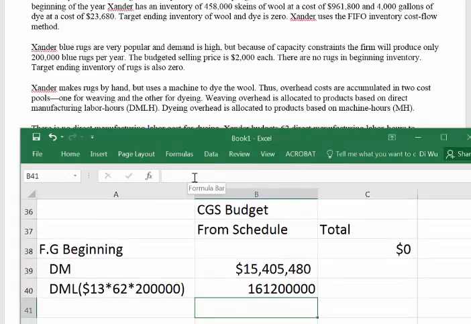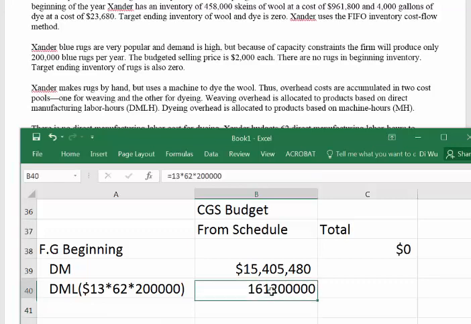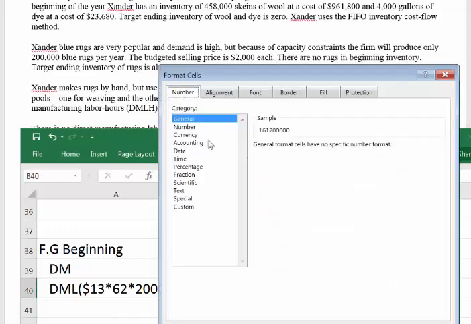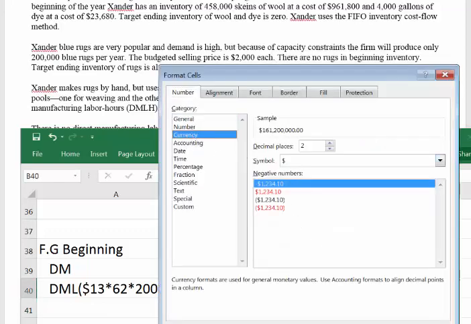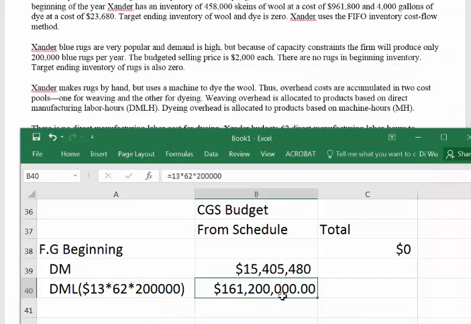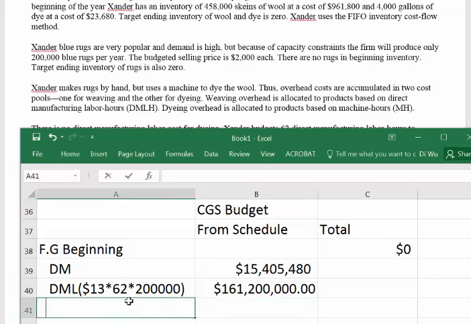So finally, I'm looking at this number, pretty big. Let me format this number with the dollar sign. Finally, I'm looking at $161,200,000 for direct labor.